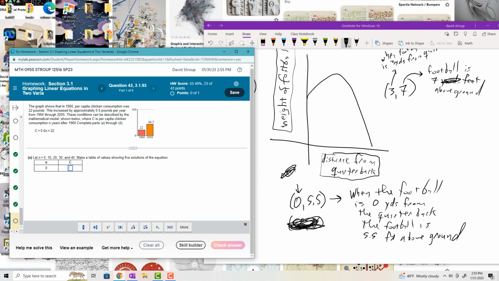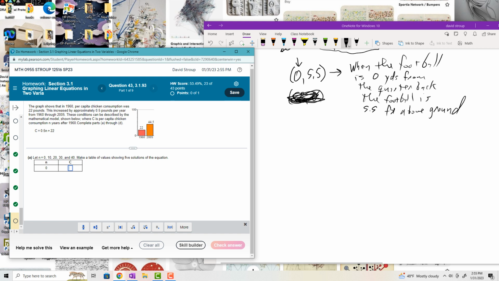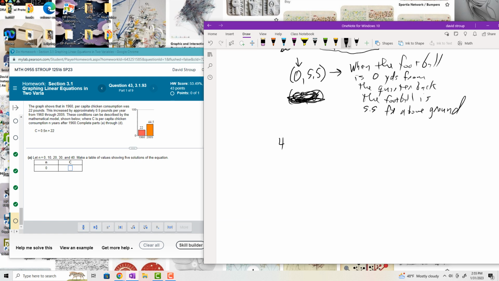Here, what do they want? They want kind of a chart thingamajig. So the chart in 1960 is chicken consumption, and in 1960 it's 22 pounds. Then increased by 0.5 per year from 1960 to 2005. Give me a nice little equation. Okay, so let's just make sure we get kind of the conceptual idea down.